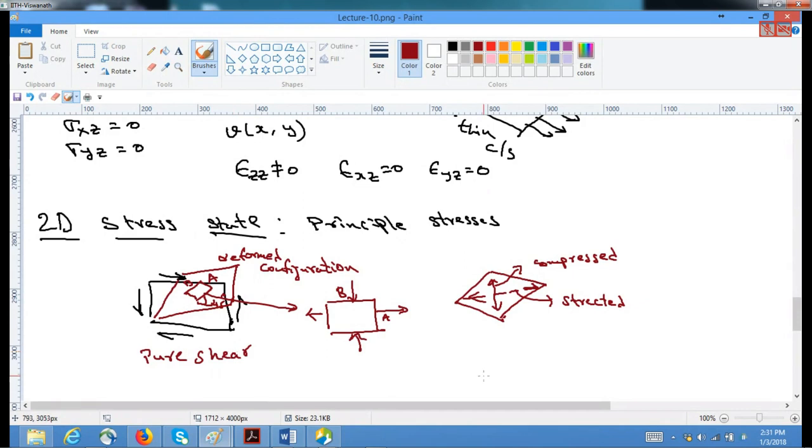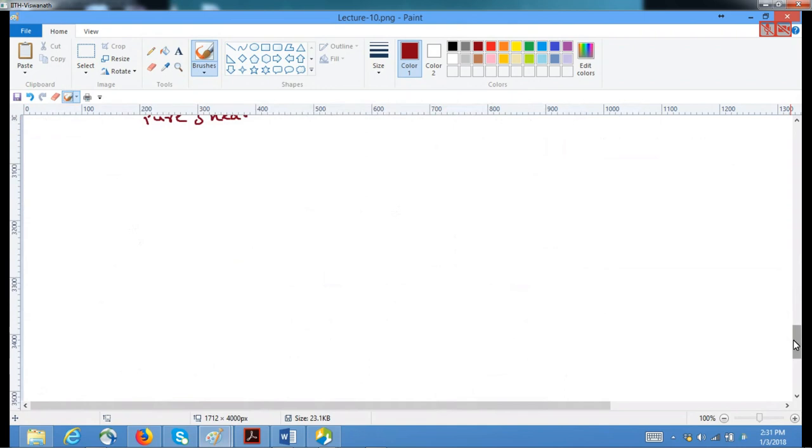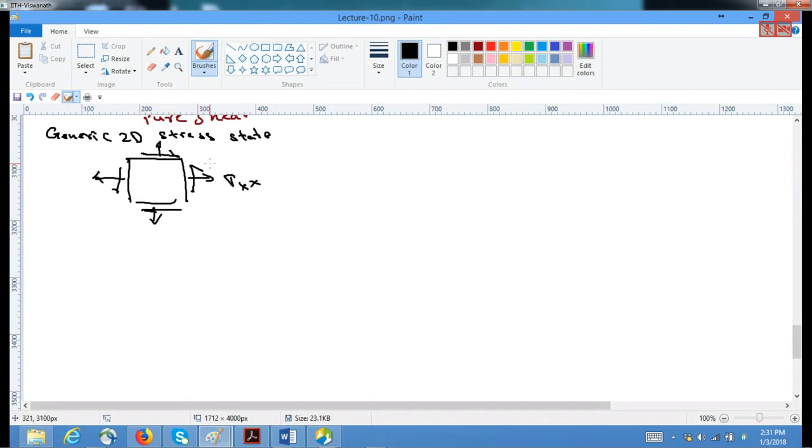That is, if I have a generic stress state, this is generic, not pure shear, a generic 2D stress state, sigma xx, sigma xy, sigma xy, sigma yy.